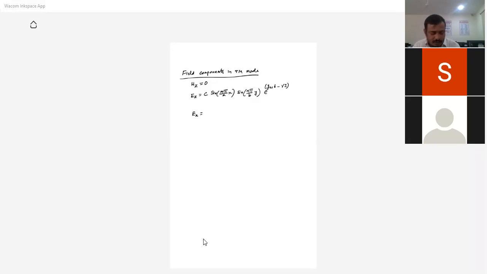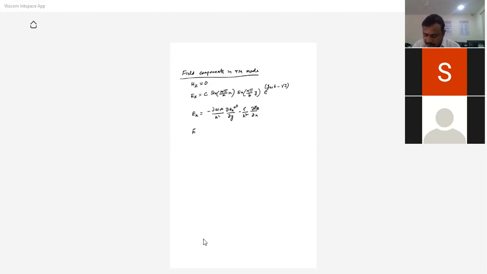From the previous equation, Ex is equal to minus j omega mu by h square dou Hz by dou y, minus gamma by h square dou Ez by dou x. This is Ex. Because it is TM mode, the Hz component is 0, and we have only this one.